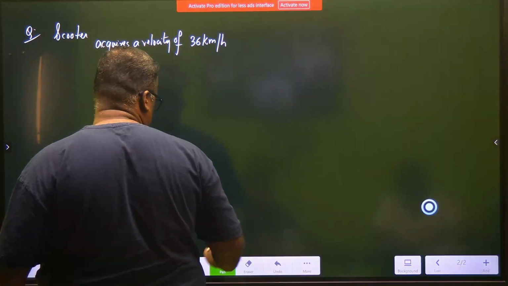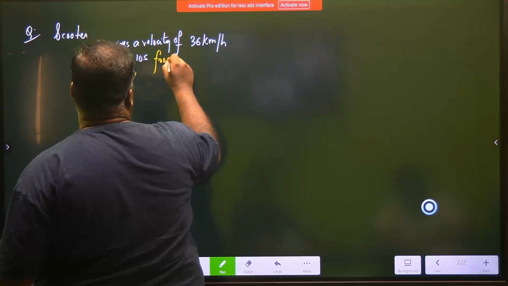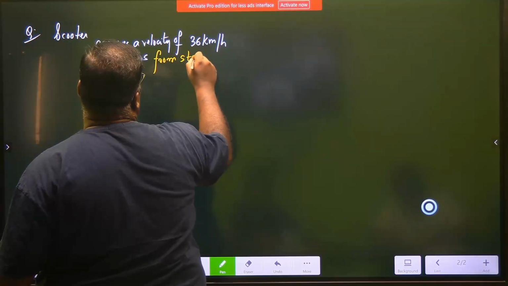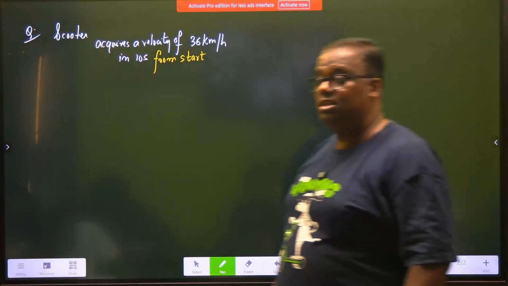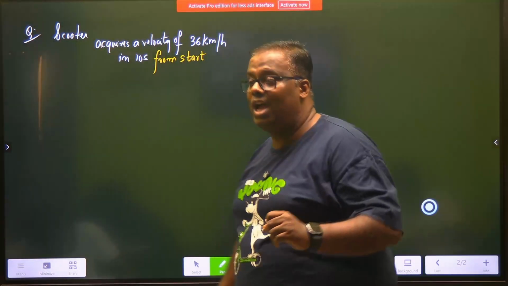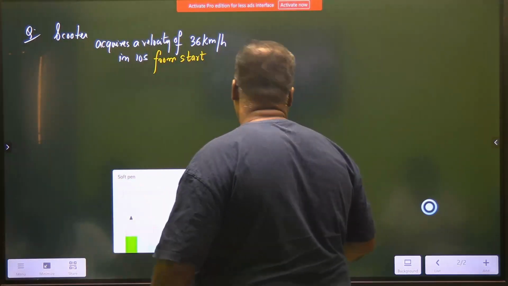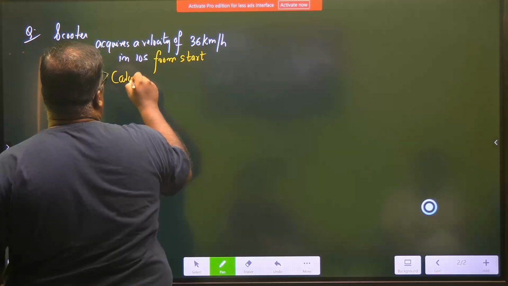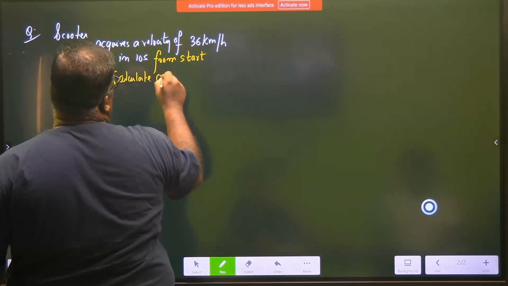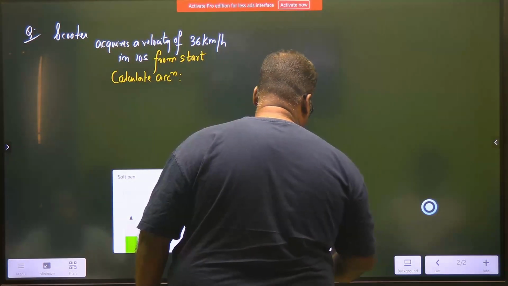The keyword in this question is "in 10 seconds from start." From start means the scooter was initially at rest. So they've asked us to calculate acceleration. Now let's see how to do this problem.